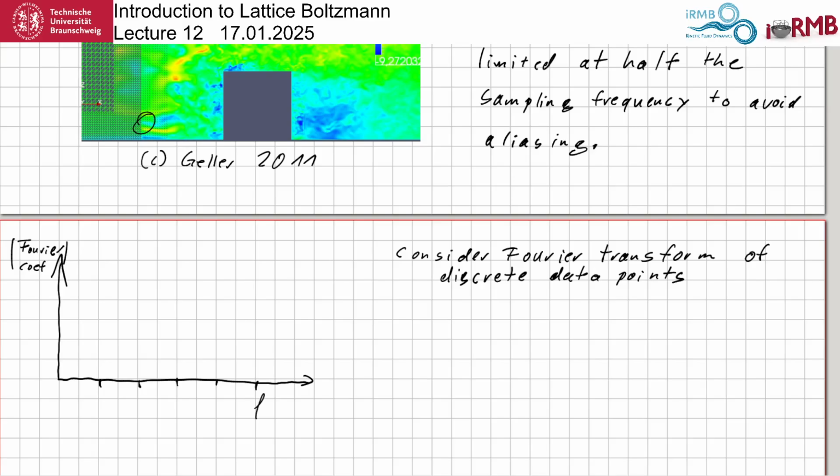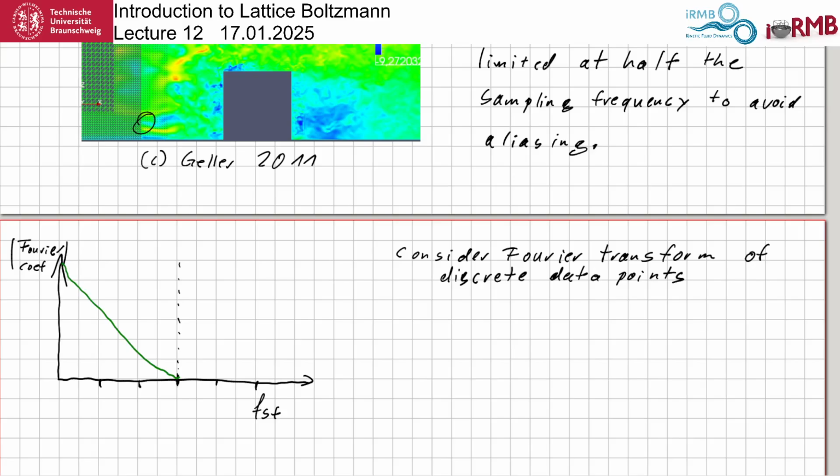Say FSF is the sampling frequency on the fine grid. What we know from signal theory is that if we have coefficients in this range, they will usually go down. This is what we hope. There's a lot of signal in long waves and a little signal in very short waves.